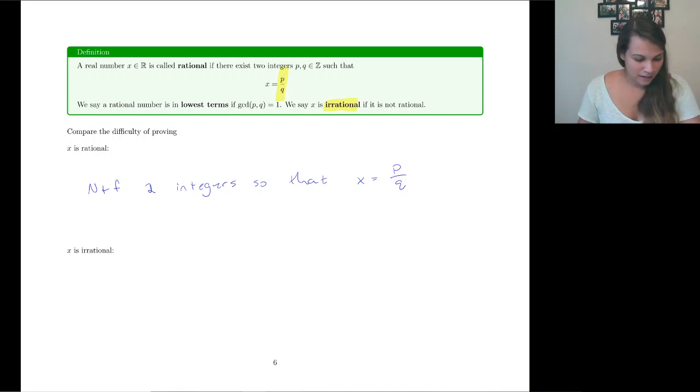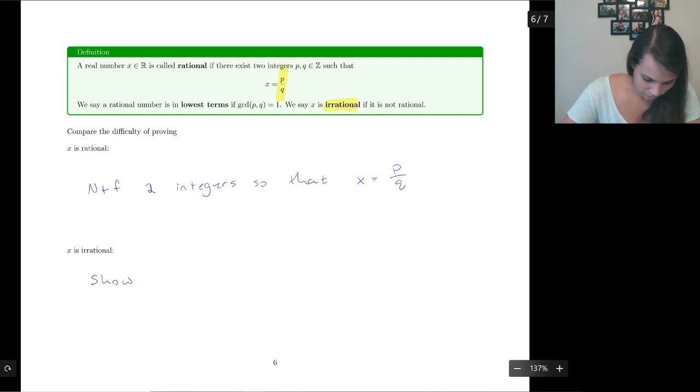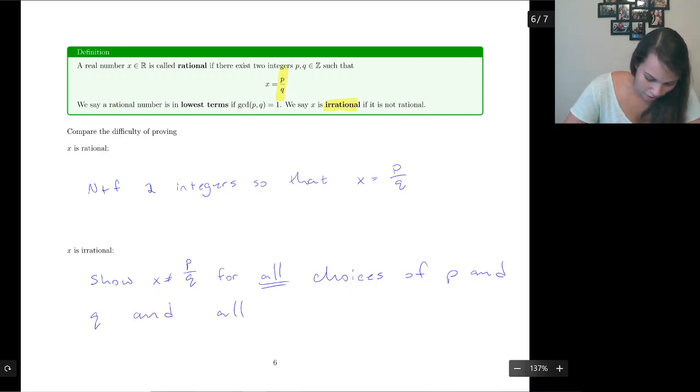Now, if it's irrational, we have to show that x does not equal p over q for absolutely all choices of p and q. And not only that, we have to do all the combinations.